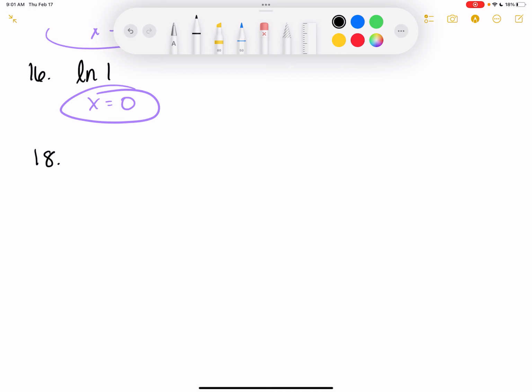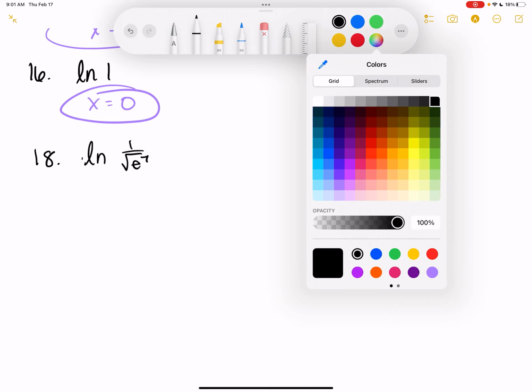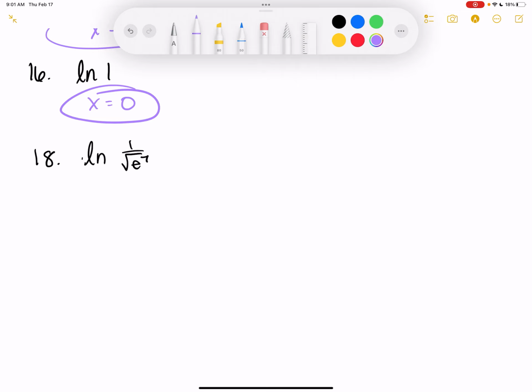All right, 18. The ln of 1 over the square root of e to the 7th. I would again start out by rewriting this one. It's e to the 7th. I'm taking the square root, so what does that do power-wise?